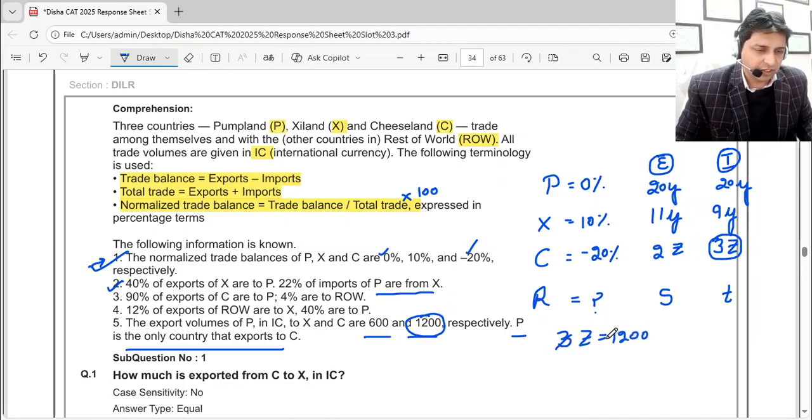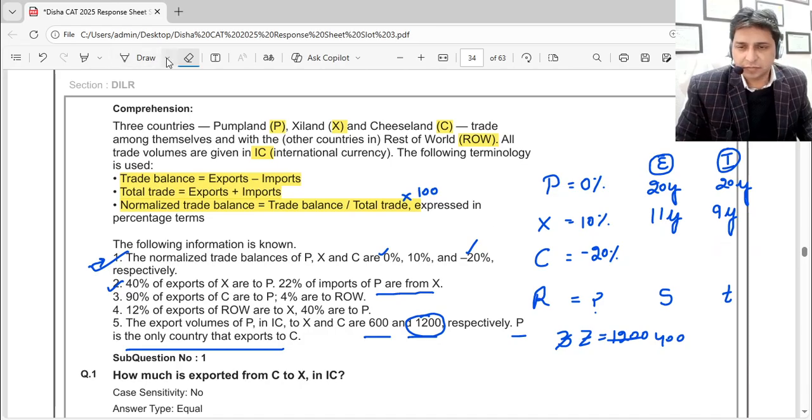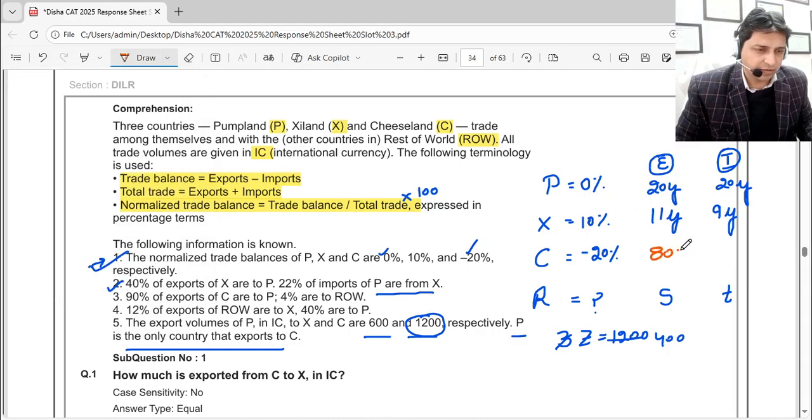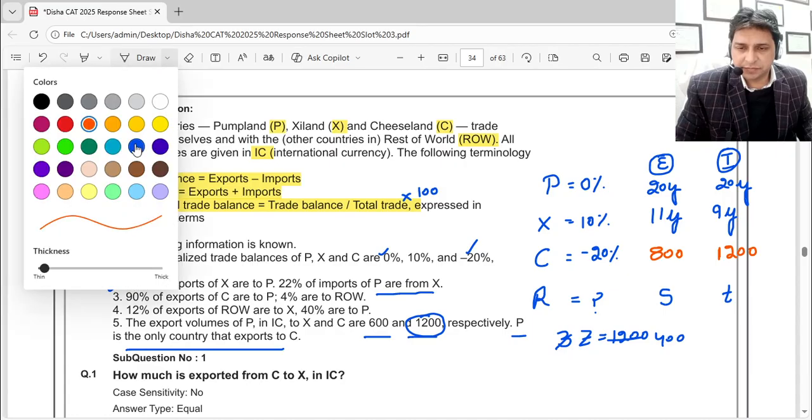That means Z is equal to 400. That means I can get the values for 2Z and 3Z. So this should be 800 for 2Z and this should be 3Z, that is 1200. So this information is done from here.